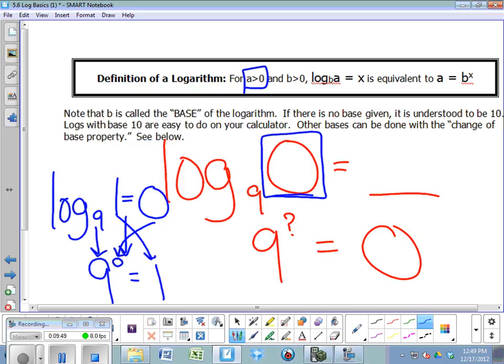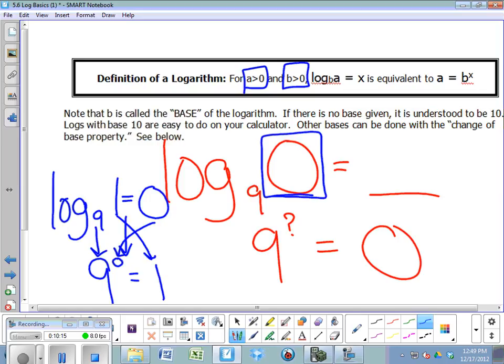You can't log a negative, and you can't log 0. They're out. What about the base? Same thing. The base can't be 0. The base can't be negative. Logs only work in the positive region. All right? Only log positive bases.